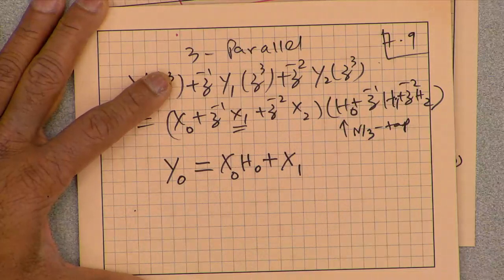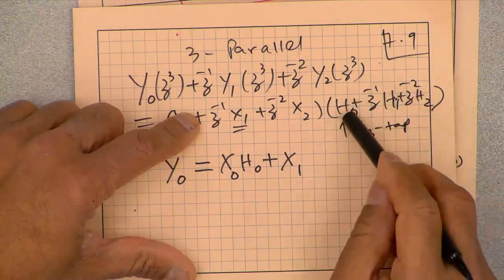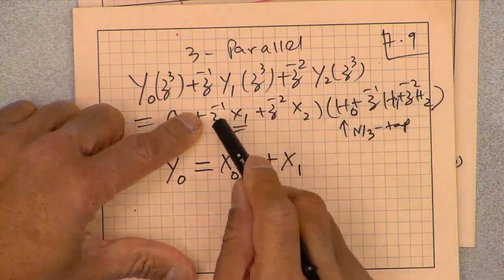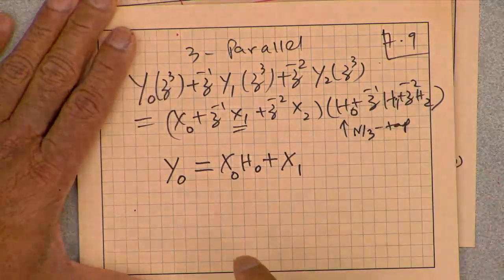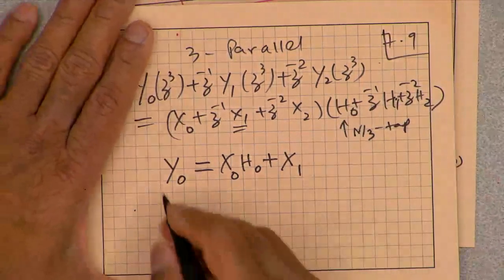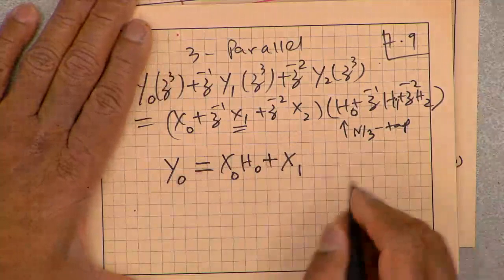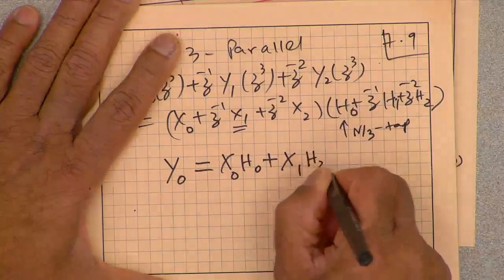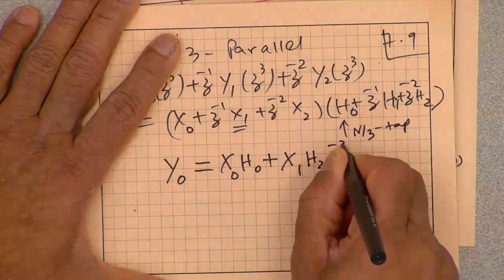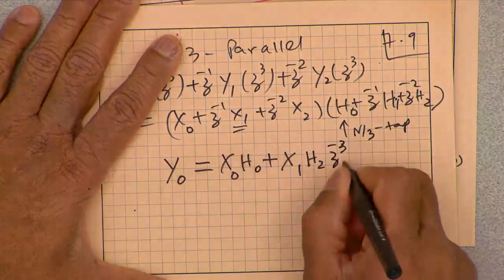Why? Because each of the xi, hi are polynomials in z cube, and when I multiply by z to power minus 1 and minus 2, that becomes z to power minus 3. That's why all these polynomials have to be in z cube. So x1 h2 z to power minus 3. Okay, that's why this is the lineup.